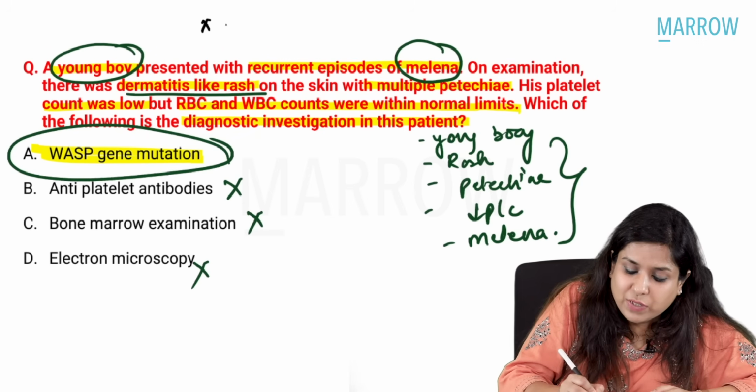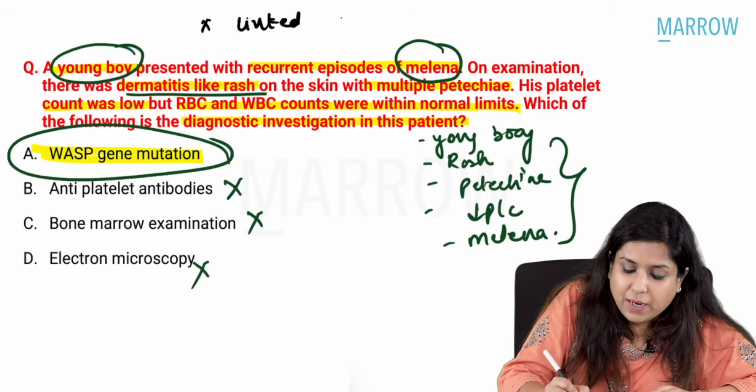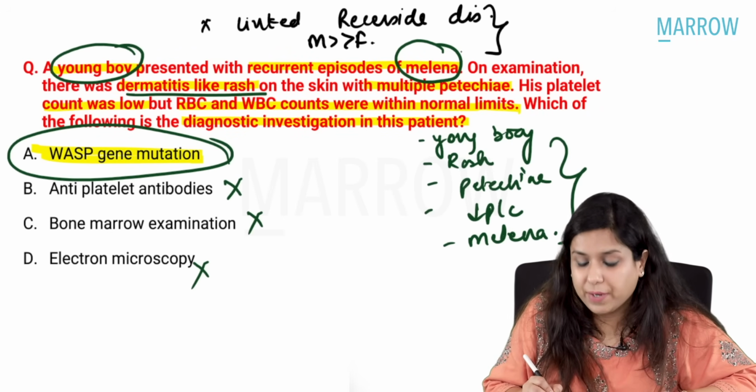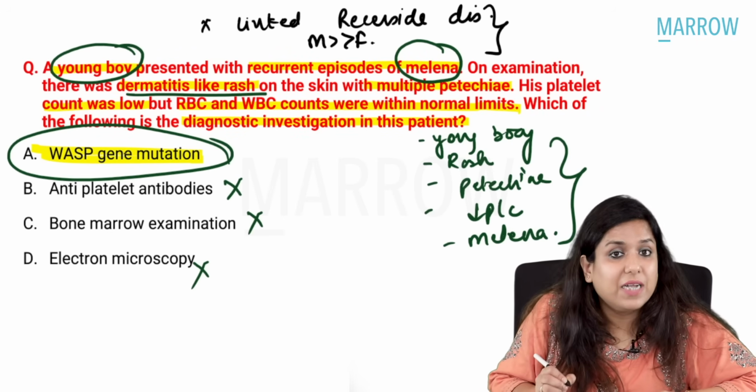Remember, I told you about Wiskott-Aldrich syndrome. It is an X-linked recessive disorder. That is why it is much more common in males than females. Here also it's a young boy, right? It is associated with WASP gene mutation.